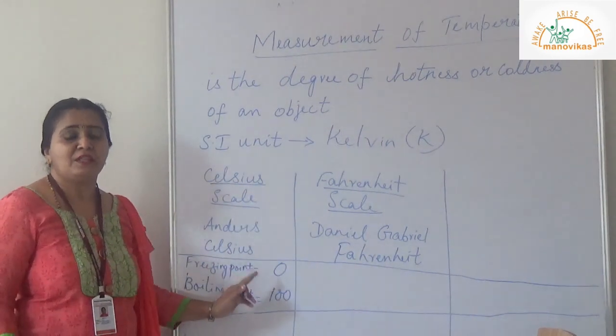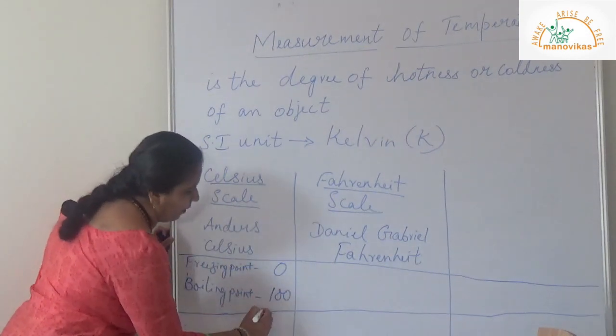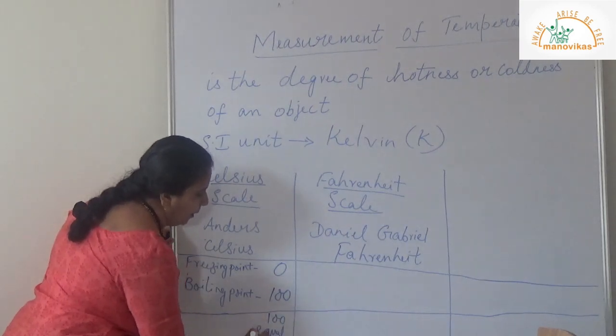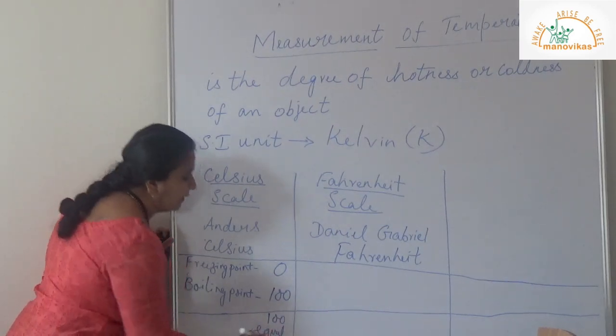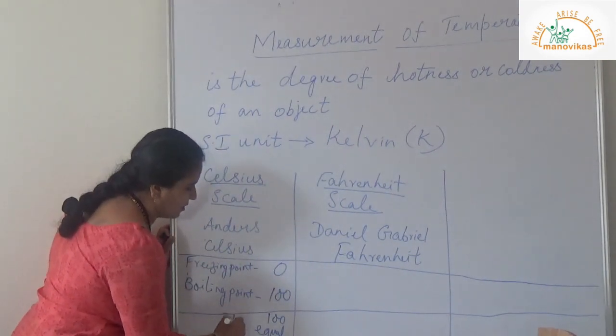The difference between these 2 points is divided into 100 equal parts, and each part is termed as 1 degree Celsius.